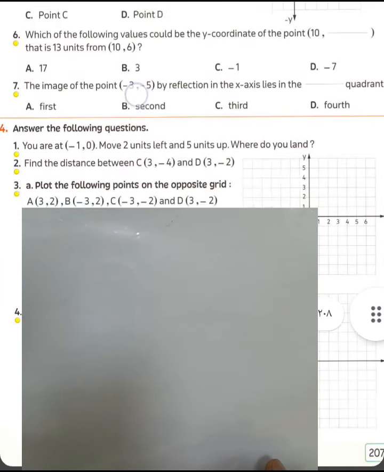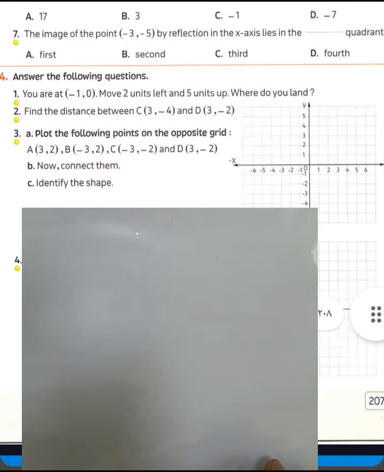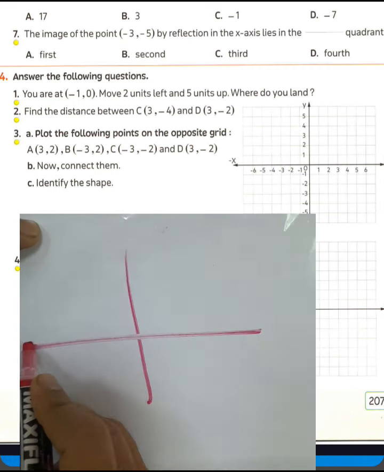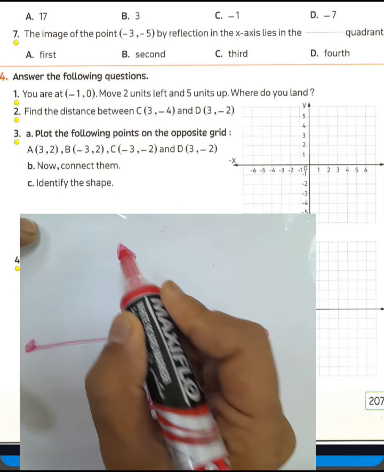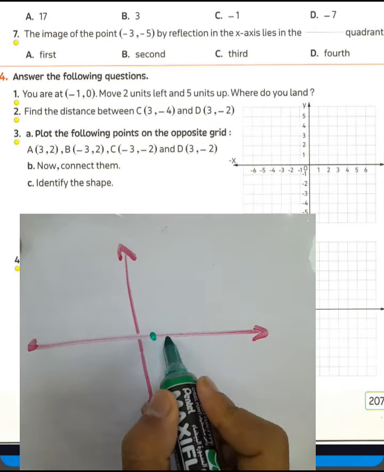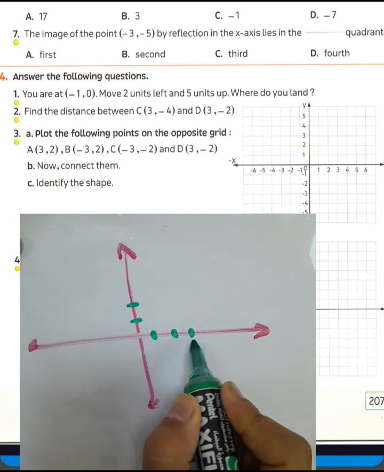Next question number 3, plot the points and then connect them, identify the shape, okay? First, I will draw the coordinate plane here. The first point A was (3, 2): 1, 2, 3, and 2.